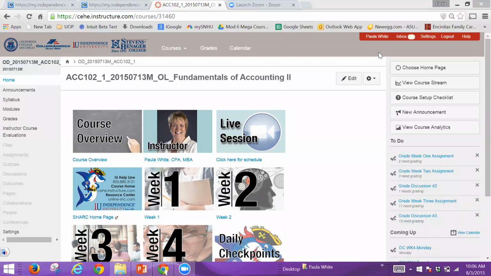In 101, you learned all about transactions, how to do debits and credits, how to develop journal entries, how to post those journal entries to the general ledger.